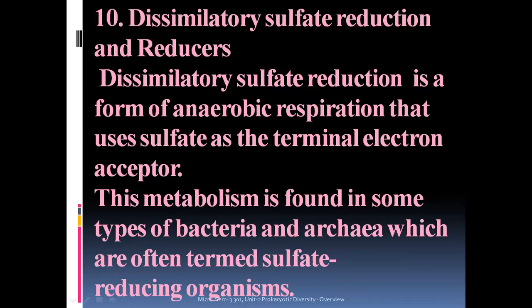This metabolism is found in some types of bacteria and archaea, which are often termed sulfate reducing organisms. So these organisms, where this mechanism, dissimilatory sulfate reduction, is carried out, are termed sulfate reducing organisms, or sulfate reducers.